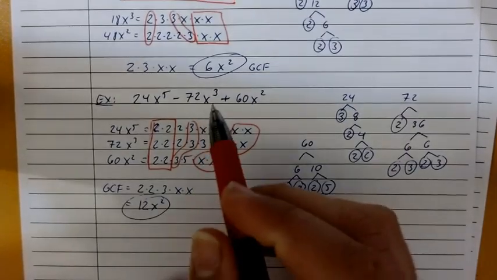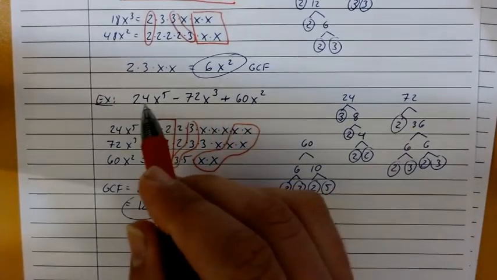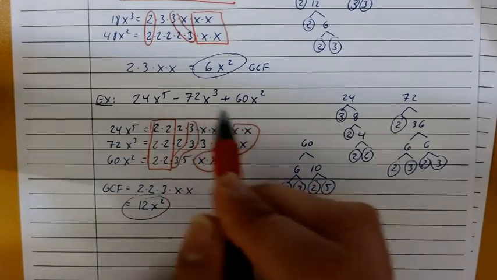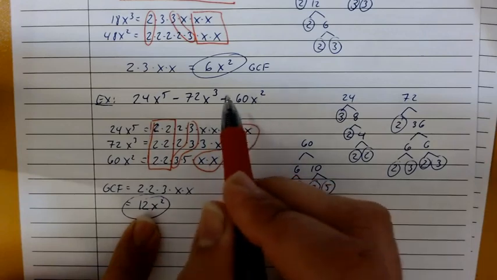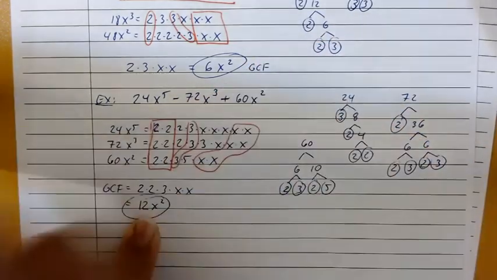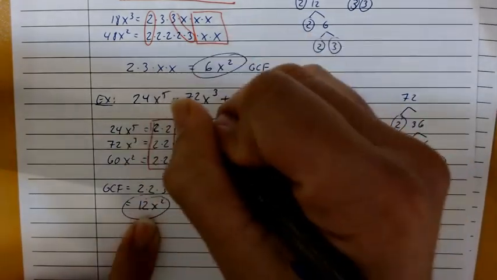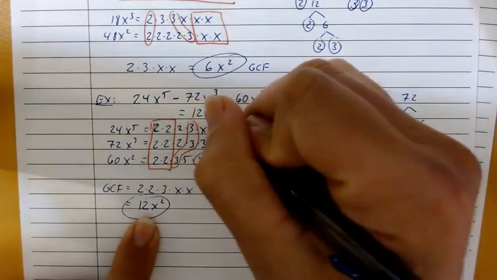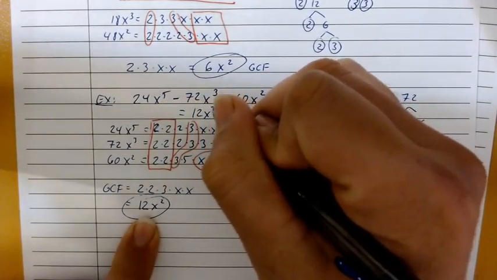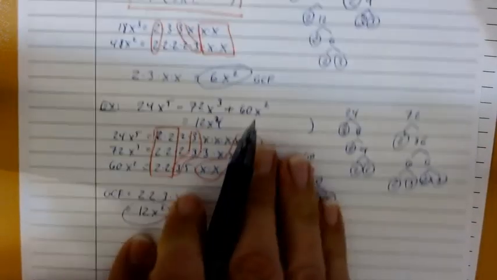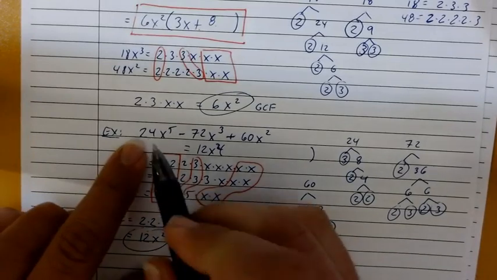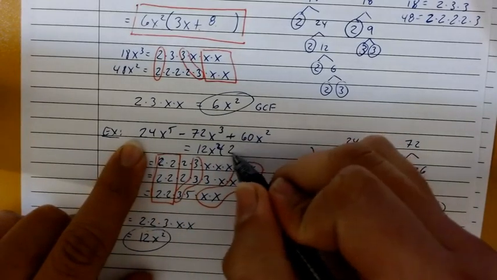Looking at the next example, you have pretty much the same thing. Let's continue on. We know what the greatest common factor is. Let's use that to factor this polynomial. So this will equal our greatest common factor, 12x squared, times, we're going to go through and divide everything by 12x squared. 24 divided by 12, that's 2.